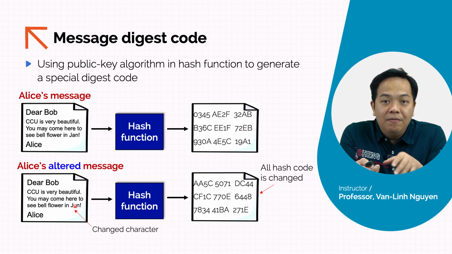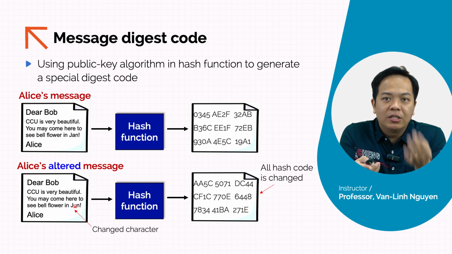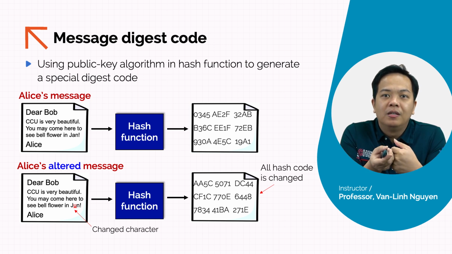But now Eva changed it to June. So the time is different by just one character. But if you use a hash function, you can see the hash code, the hex code, is so different.